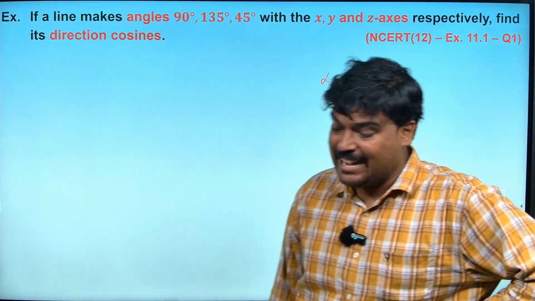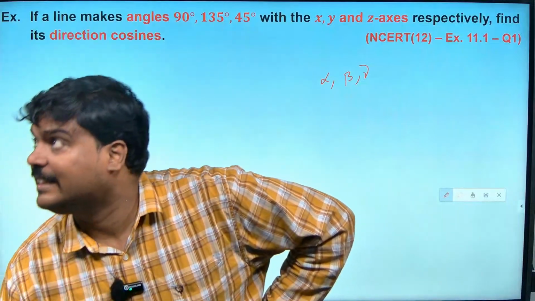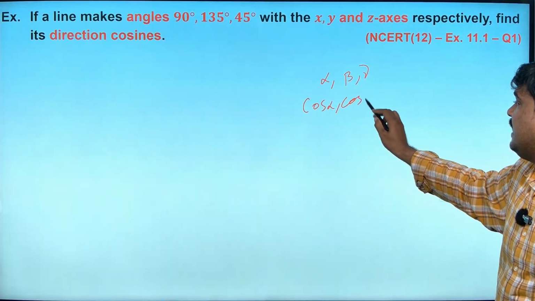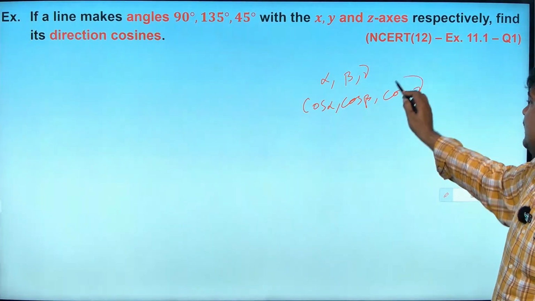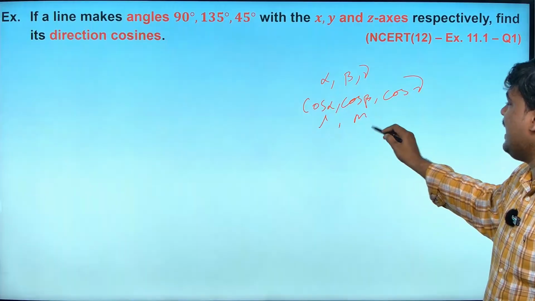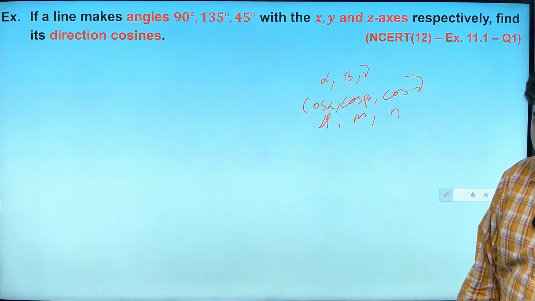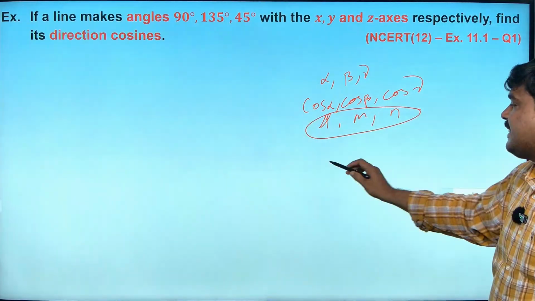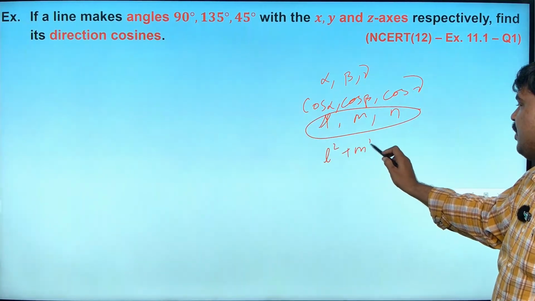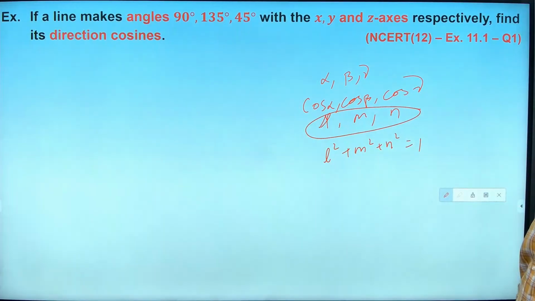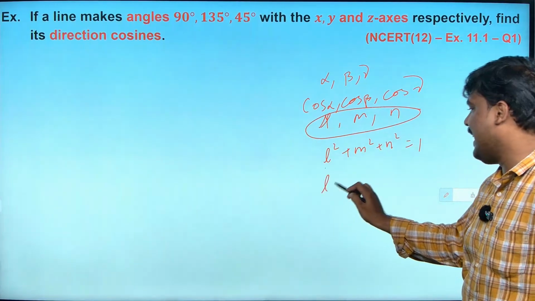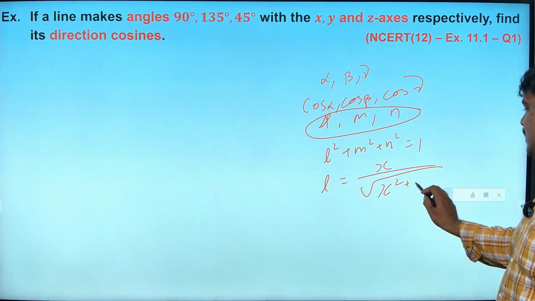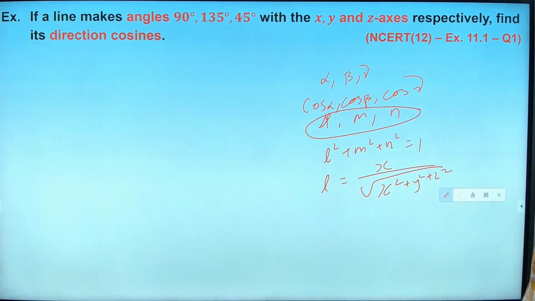Direction angles. If we take cos of these, I am going to call cos alpha, cos beta, cos gamma as what? L, M, N. Correct? Now what do I know about this L, M, N? L square plus M square plus N square is equal to 1. What is L? L is nothing but x divided by square root of x square plus y square plus z square.